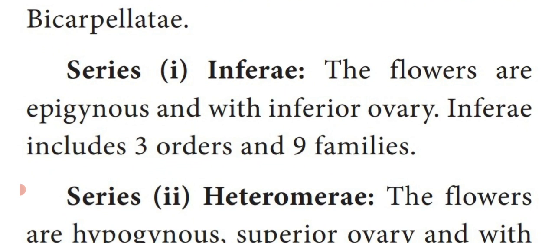That is said to be an epigynous flower, isn't it? So here in this series Inferae, flowers are epigynous with inferior ovary. It includes 3 orders and 9 families. Dear students, like Thalamiflorae, Disciflorae and Caliciflorae, Inferae, Heteromerae and Bicarpellatae are also important for 2-mark questions.